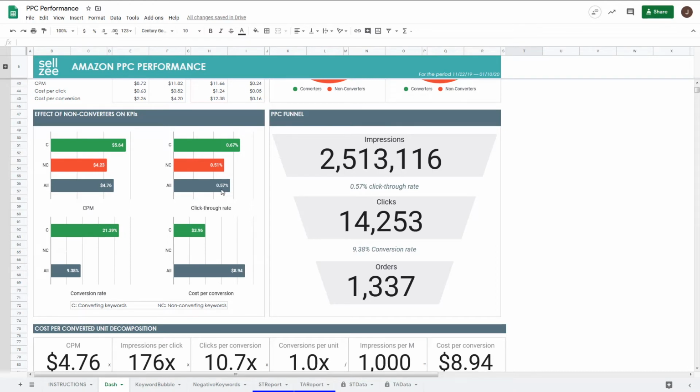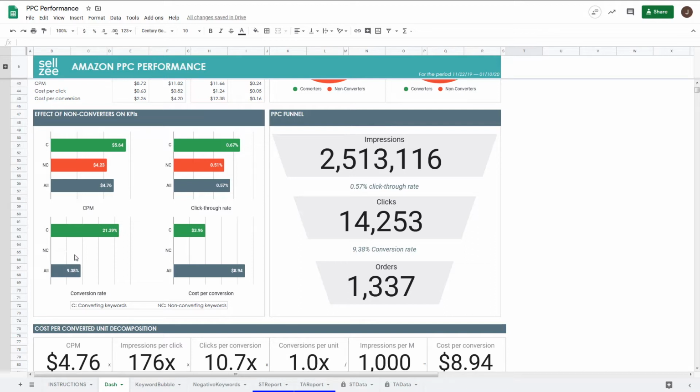So not a drastic drag, actually, but the conversion rate one is much worse. The converters were 21% conversion rate, but for the non-converters, remember we had 8,000 clicks with 0 conversions, so that's dragging the conversion rate way down to a little over 9%.